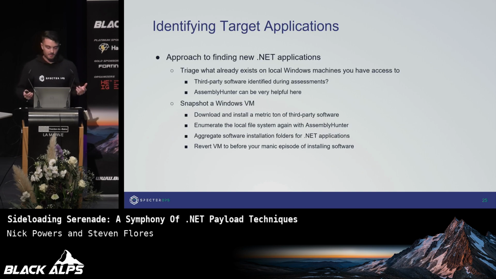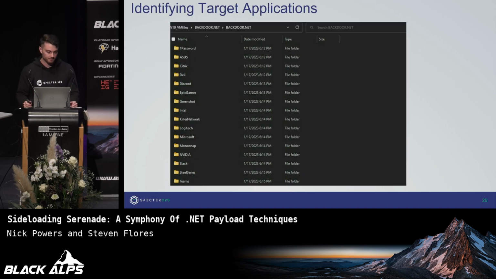An approach that we've taken to finding new .NET applications would be setting up a Windows test VM, taking a snapshot, installing every bloatware you can possibly think of, and then using something like Assembly Hunter or a simple for loop of PowerShell doing Assembly.Load to find all of the .NET software that's installed, and then start this manual triage process.